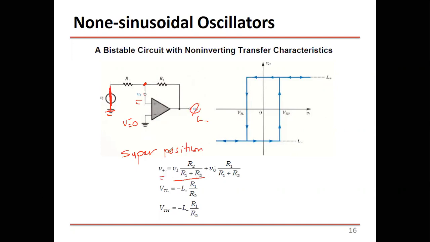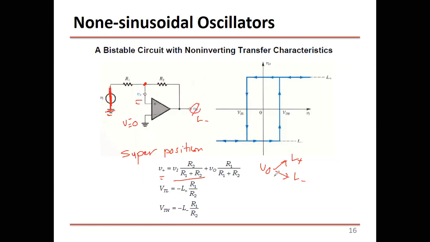Okay. Now, when the transition happens, you can assume that V output is either L plus or L minus, right?